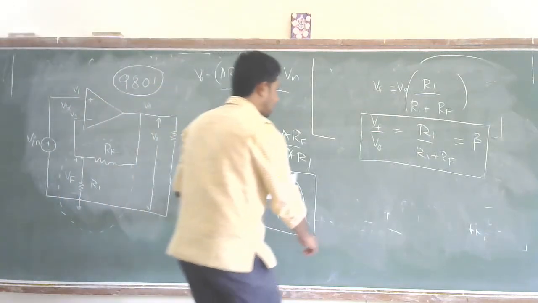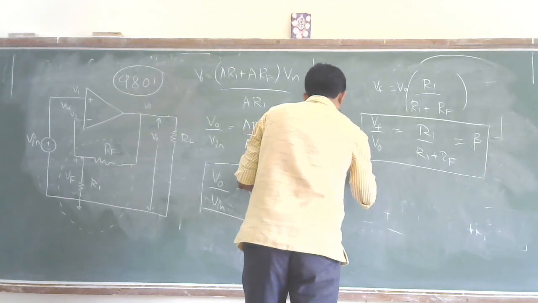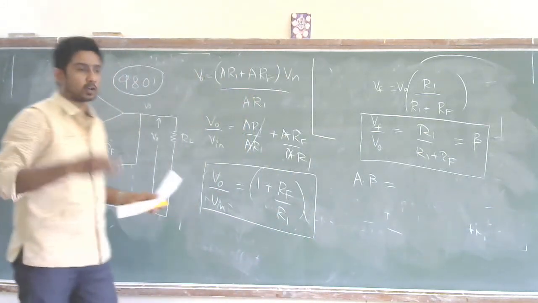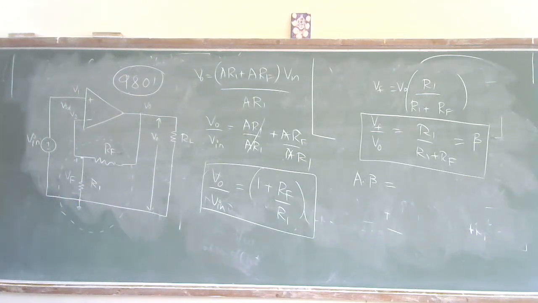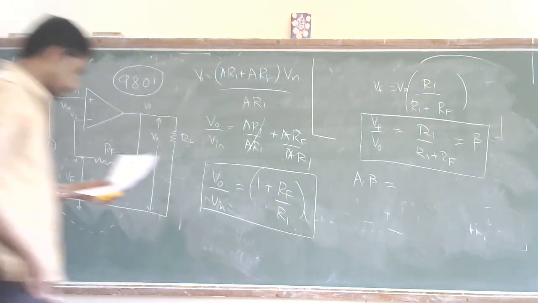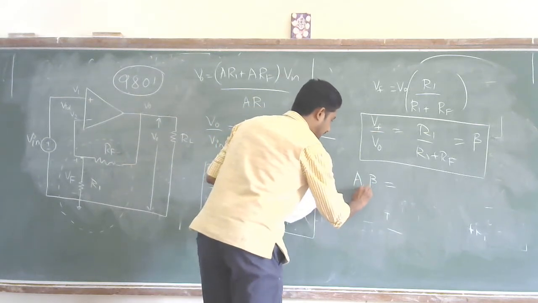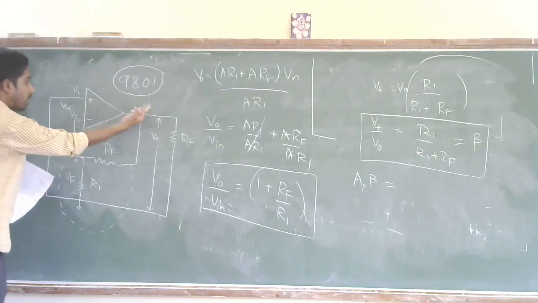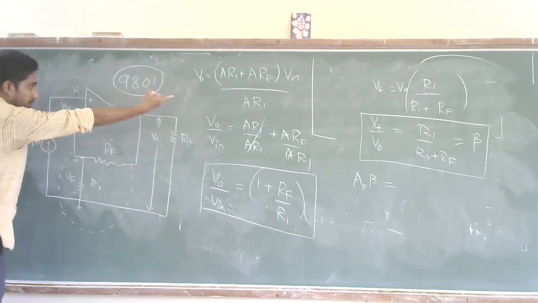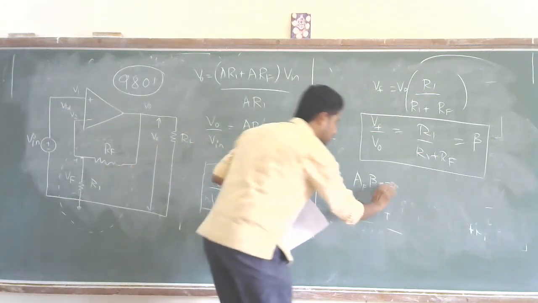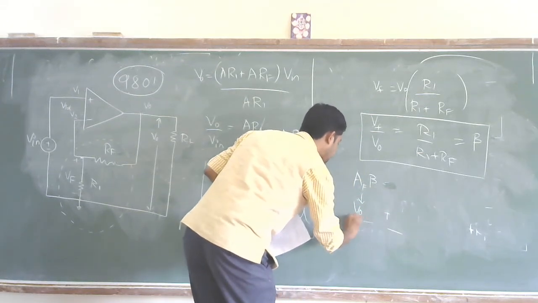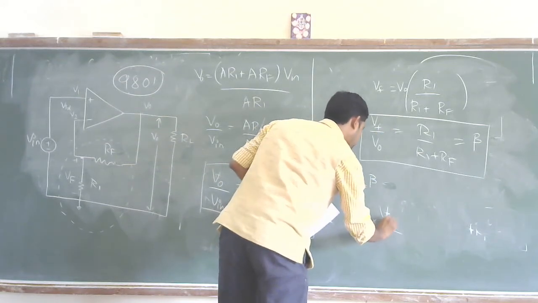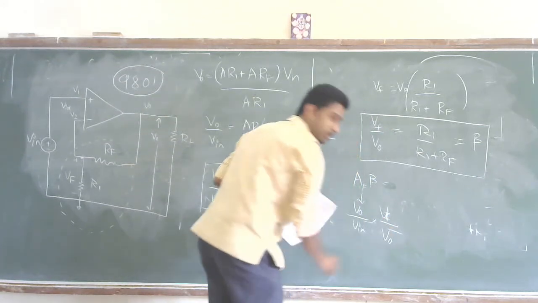Now, one more concept. If I try to multiply A and beta together, what will be the value of A into beta? Here A is AF, the gain of this entire network, output by input, that is V0 by V. Beta is Vf by V0.